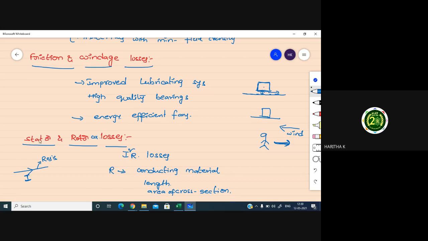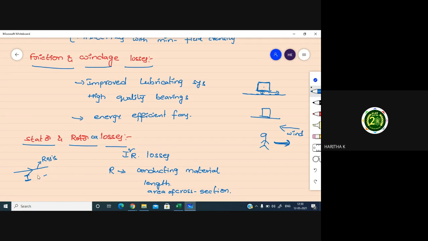In the stator, we have field winding and we are giving current to that, so it is a current carrying wire. And the rotor is nothing but the armature. In the armature also we have armature winding and we are giving electrical input to that armature. So again we have a current carrying conductor, that is the armature conductor. Therefore this copper loss will occur.